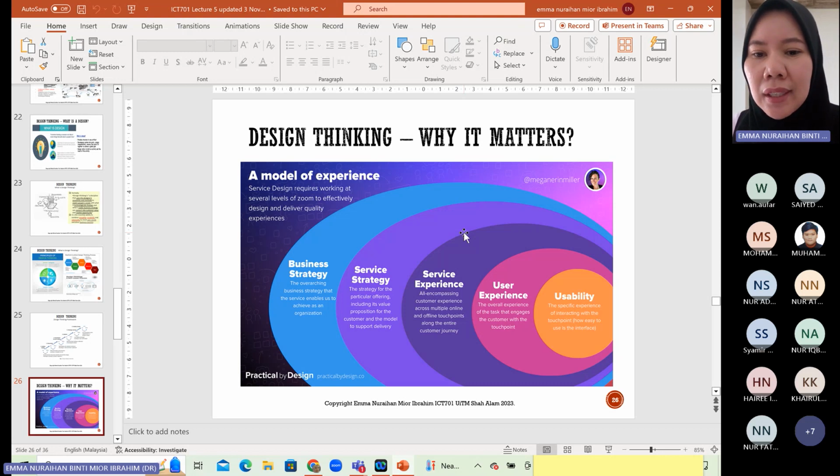Targeted customer. Service experience. Okay, so service experience encompasses customer experience across multiple online and offline touchpoints along the entire customer journey. So some products they have offline and online. Contohnya Maybank. Maybank ada online product, dia ada offline product. Okay, so what kind of services they are giving? What kind of experience? So rata-rata I tanya students ya.